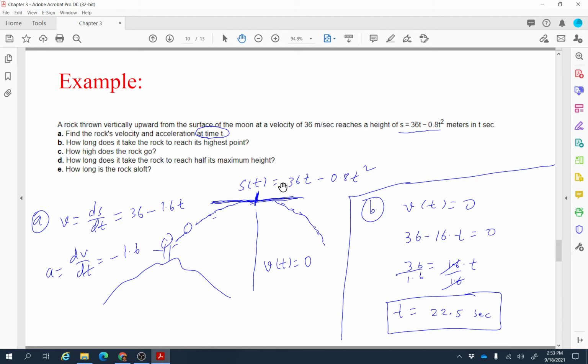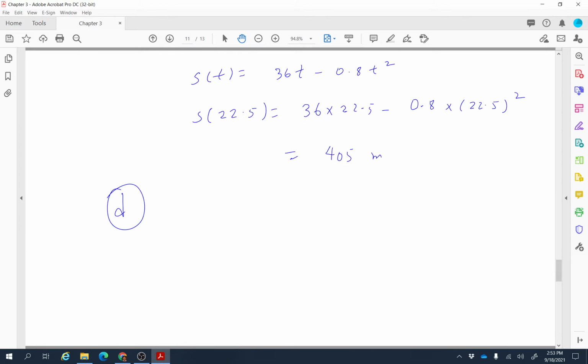We know the height function is 36t minus 0.8t squared. Half of 405 would be 202.5. So now just plug in 36t minus 0.8t squared equals 202.5.